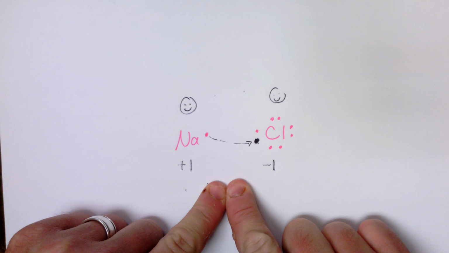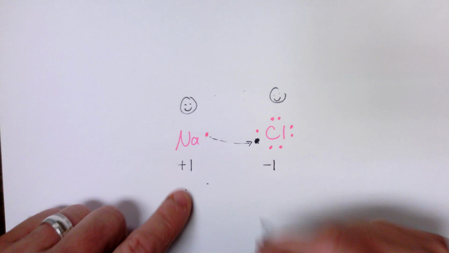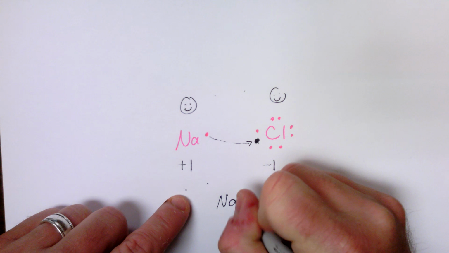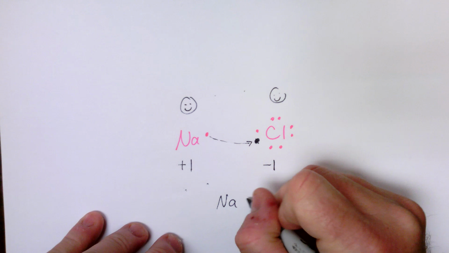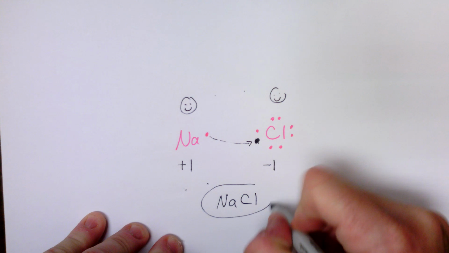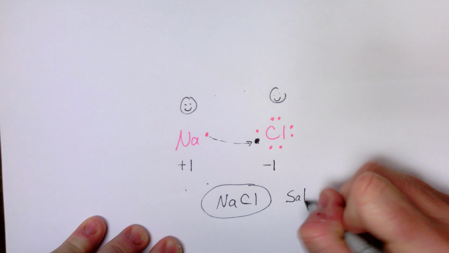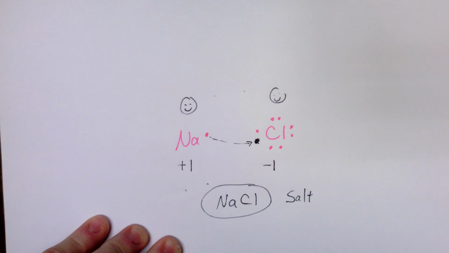So now sodium and chlorine are stuck together because just like two ends of differently charged magnets, got a plus 1 and a minus 1, and we wind up with not a sodium by itself, not a chlorine by itself. We wind up with 1 sodium stuck to 1 chlorine. Hopefully you recognize that as what we commonly call salt.